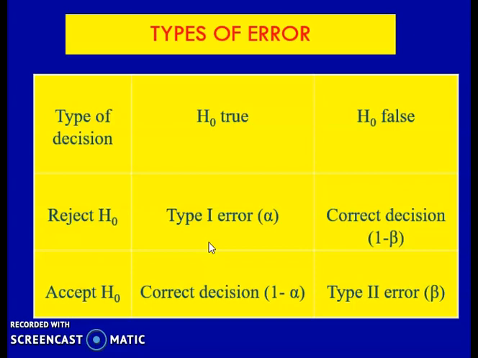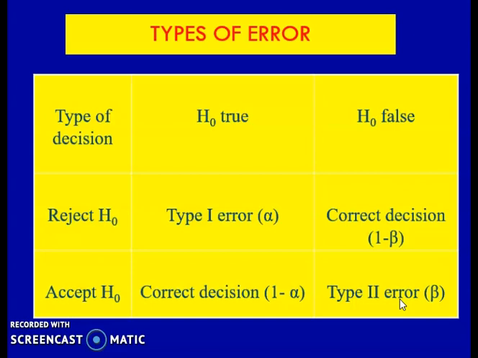That becomes your H naught, the null hypothesis. If the null hypothesis is true and you reject it, that becomes a type 1 error, your alpha. You have something called a type 2 error, beta, where your assumption is false and you accept it.